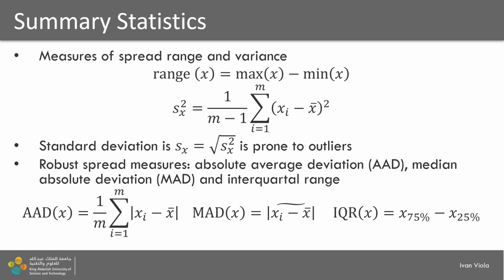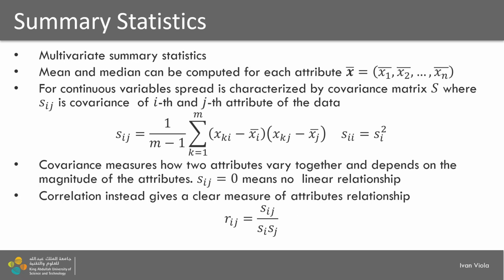Okay, now let's have a look at other measures. We will now be looking at multivariate summary statistics, which do not characterize only a single attribute but look at several attributes and their potential relationship.